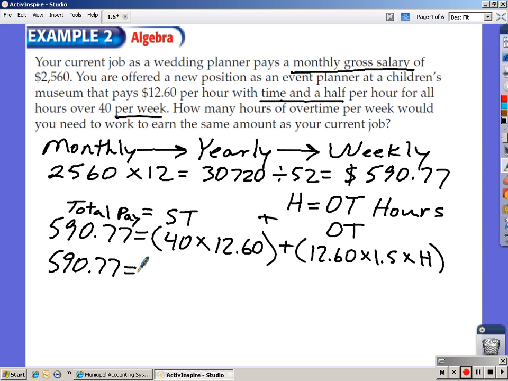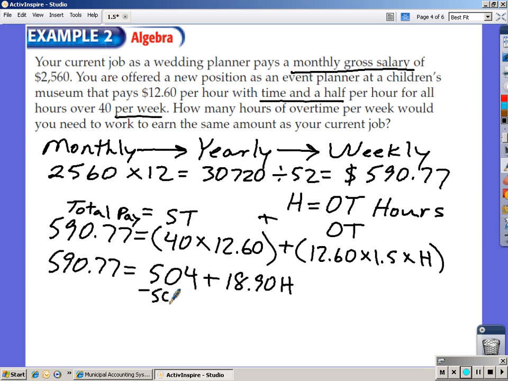590.77 equals 40 times 12.60, which is 504 for straight time, plus my overtime is 18.90H, where H is represented by the number of hours that I have to work.